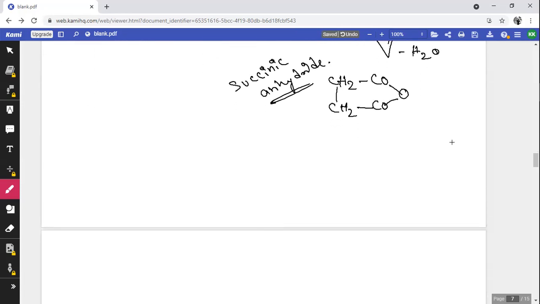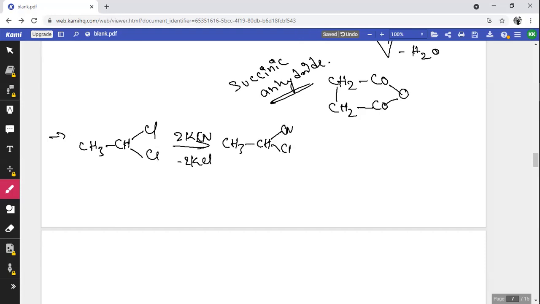Similarly, if I take the starting material like gem dihalide, CH3CHCl2, that is both the chlorine groups are present on the same carbon, then on treating with two molecules of KCN, which liberates two molecules of KCl, it is going to form CH3CH(CN)2. This on acid hydrolysis is going to form CH3CH(COOH)2.